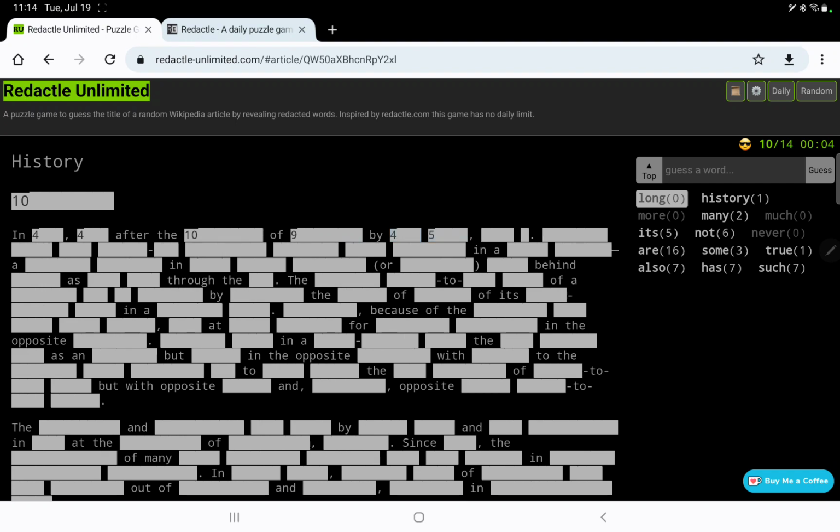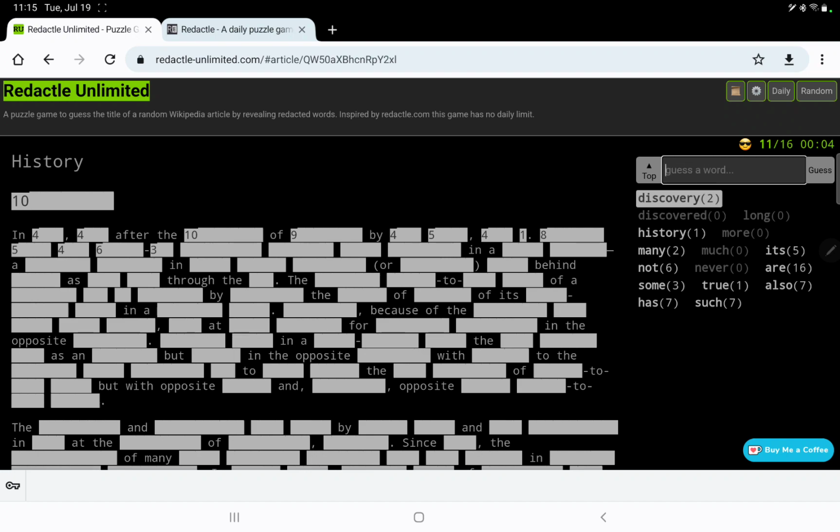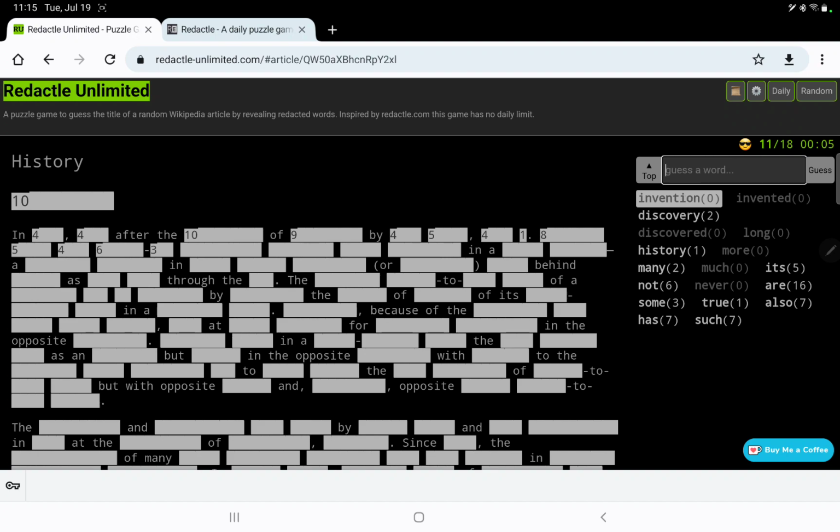So presumably that's somebody's name. Well, let's do some of these discovered type words. Discovery, 2 discoveries. Invented, no. Invention, no.